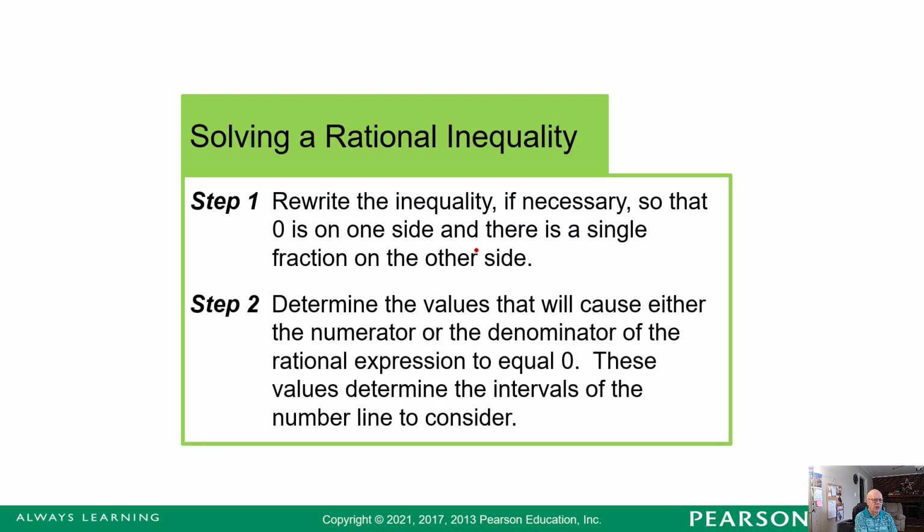Now, solving a rational inequality. Okay, we're going to step it up a notch. Rewrite the inequality so that 0 is on one side and a single fraction on the other side. You need that 0. See what values will cause the numerator or denominator to equal 0.